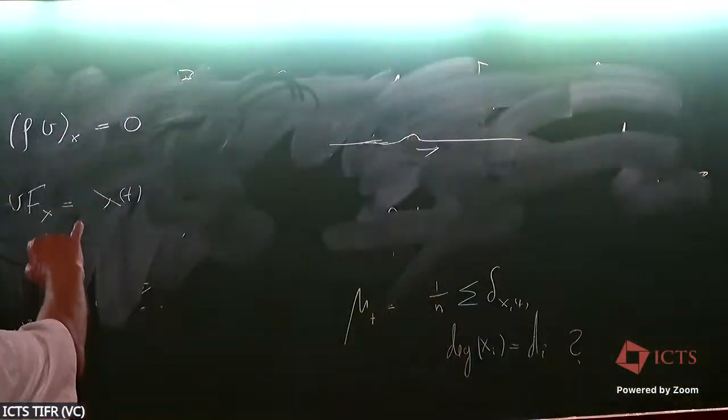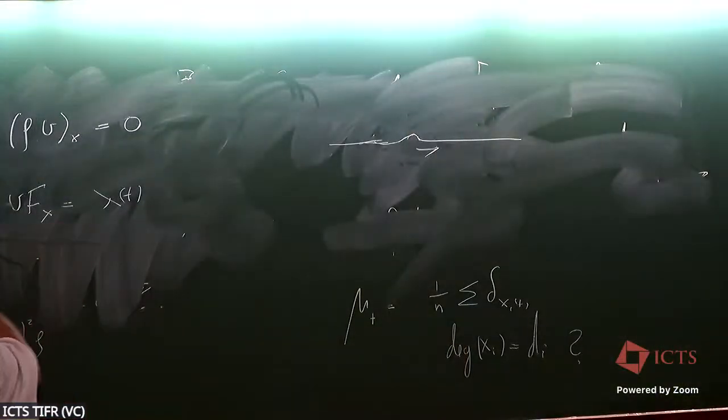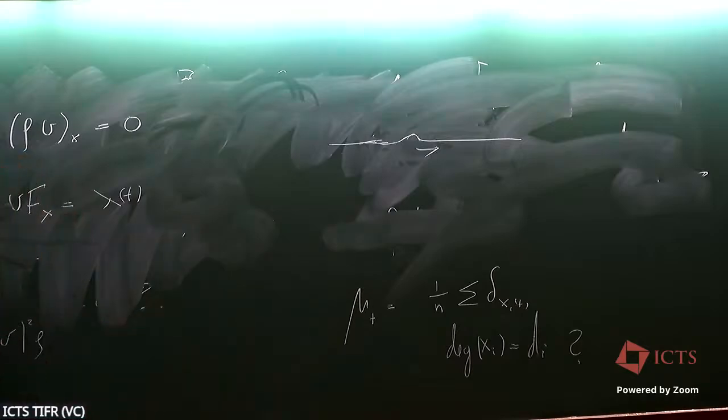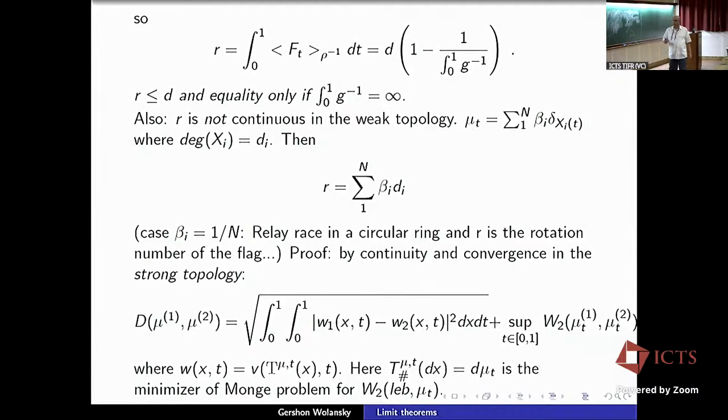Even if the bump is moving very fast, the velocity of the fluid will be small according to this formula, because the integral of 1 over g minus 1 is almost 1.